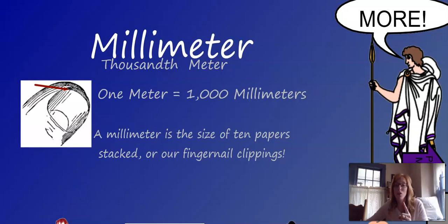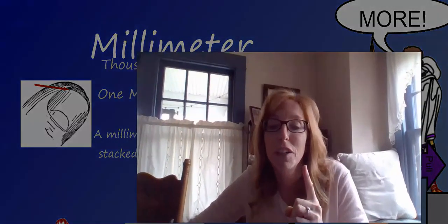If you go to your fingernail, it says a millimeter is the size of 10 paper clips stacked or your fingernail clipping. I always think that's so gross. But if you take your finger, there's your centimeter. If you turn it to the side and look at how thick your fingernail is, that's a millimeter.